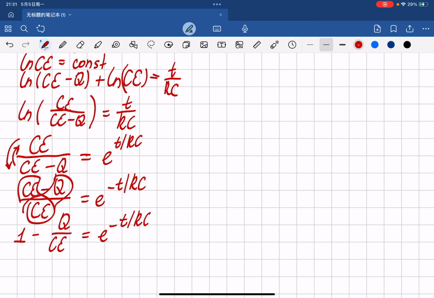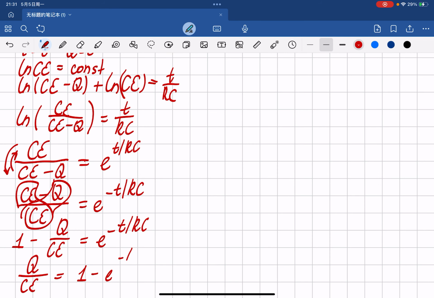And then on the left side, 1 minus e to the minus t over RC.